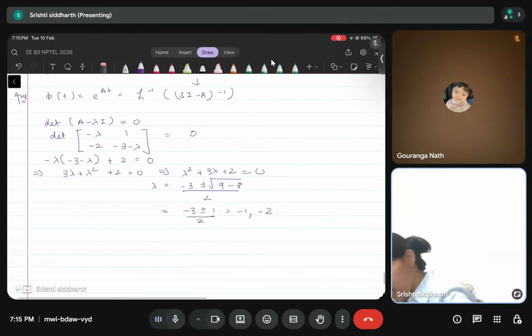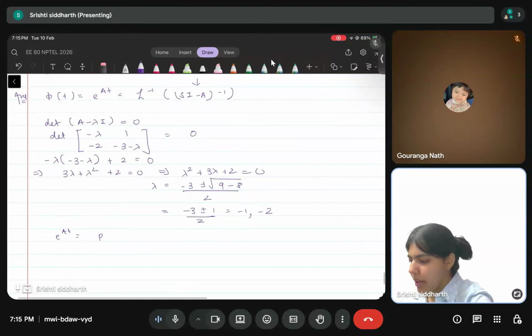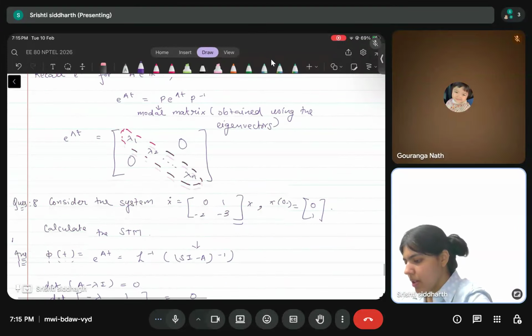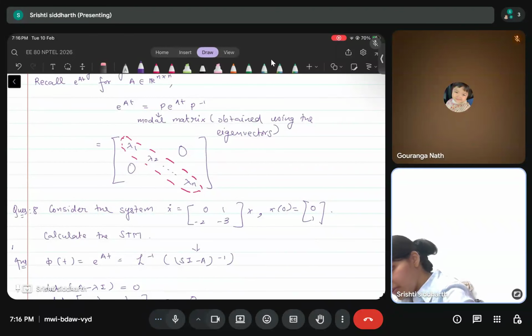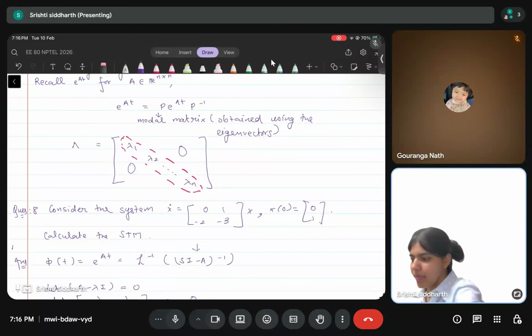Okay. So what would be e to the power At? Exponential of a diagonal matrix is simply the matrix Lambda.